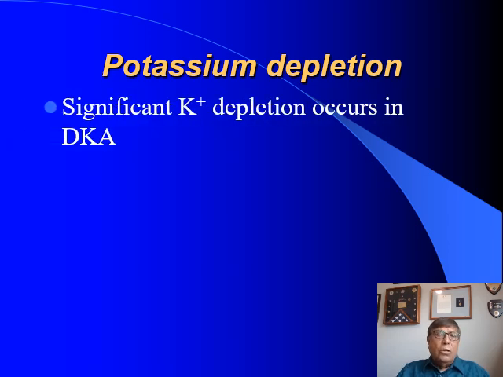Potassium depletion occurs in DKA, although the initial potassium level is high. That's because the intracellular potassium is now outside, because hydrogen ion has gone inside the cell as a buffering mechanism. So there is a significant potassium deficit, but the serum potassium level in the beginning is high.